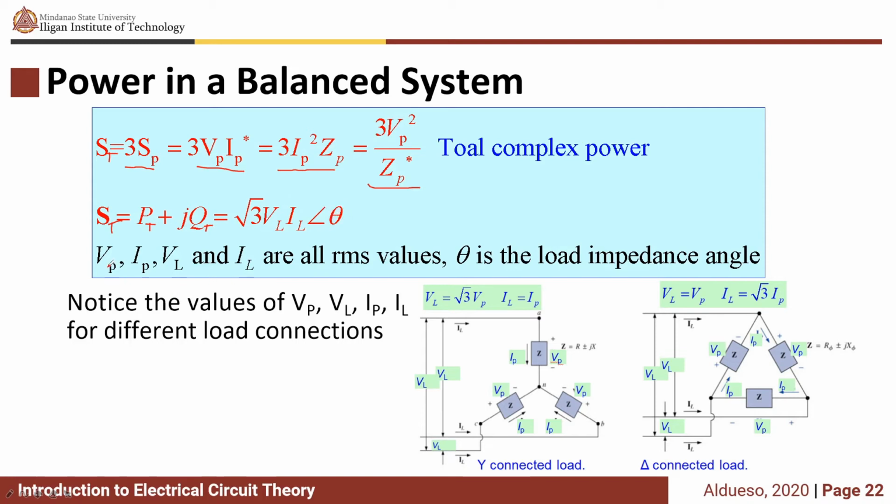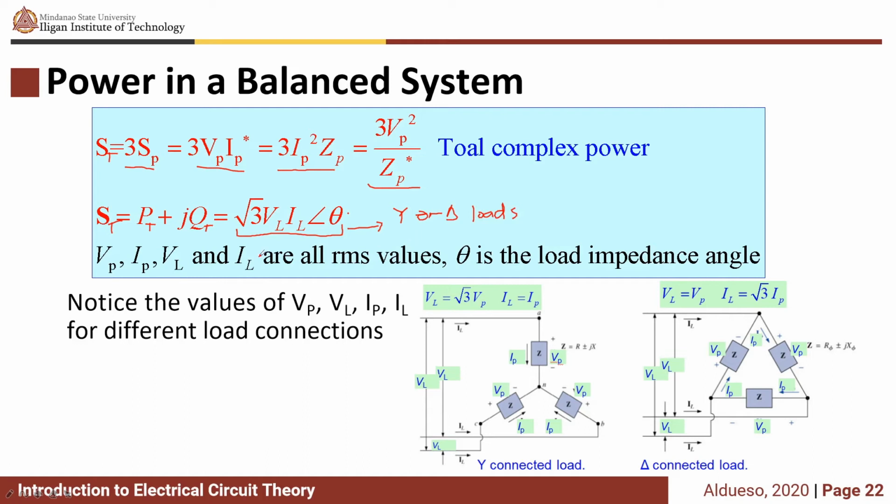Remember that Vp, Ip, VL, and IL are all RMS values. And this theta right here is the load impedance angle. So this equation right here is applicable to both Y or delta loads.